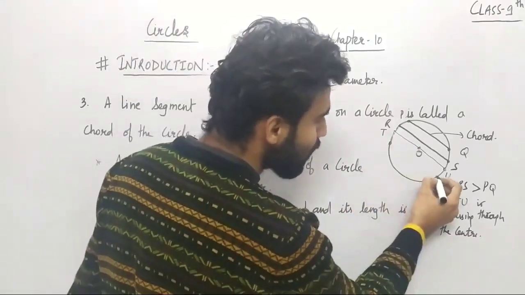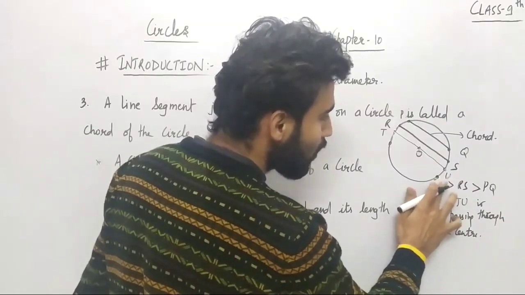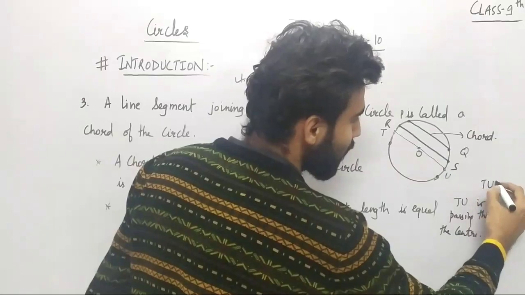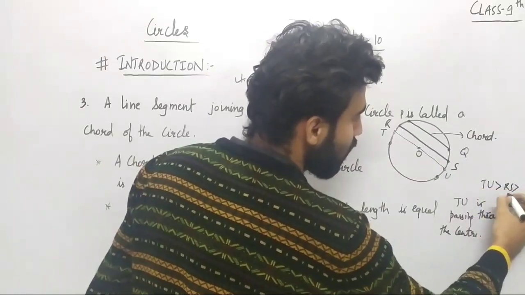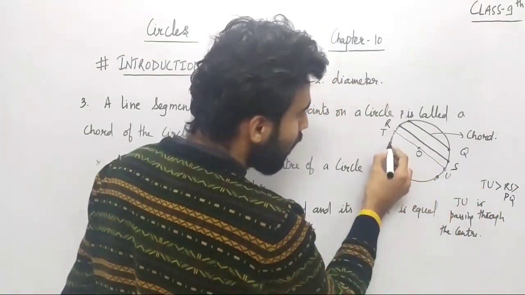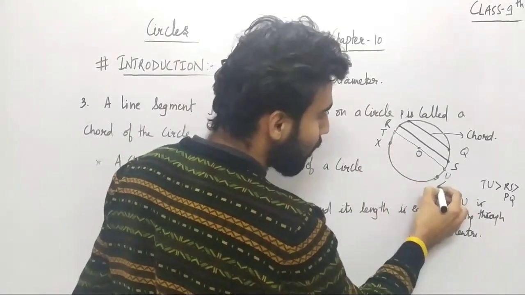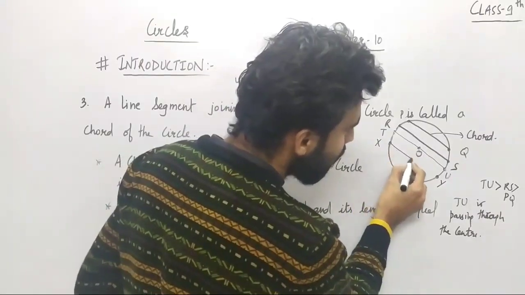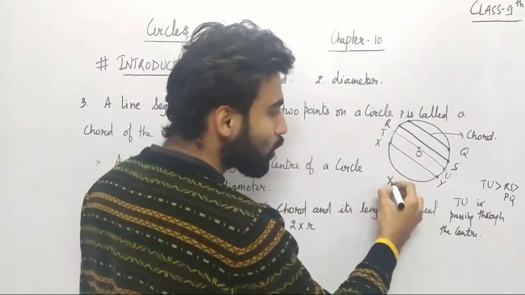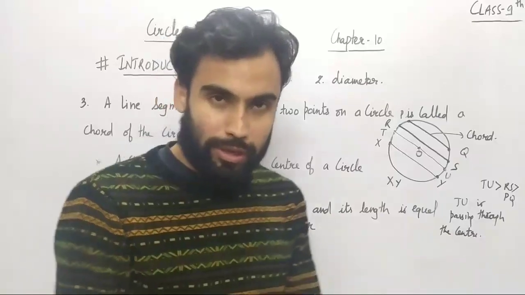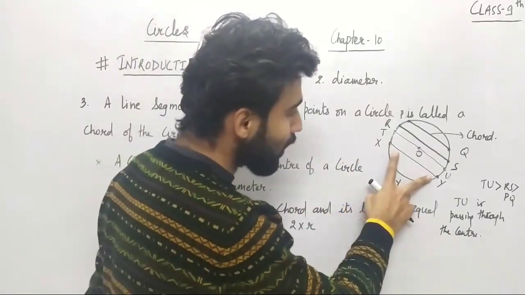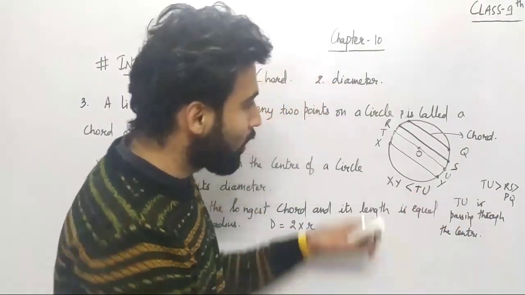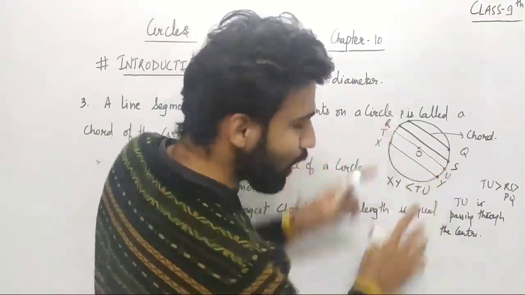Again, if I take 2 points and name them X and Y, and join them, you can see XY is also a chord here. But this XY is less than TU. You can see this XY is smaller than TU.